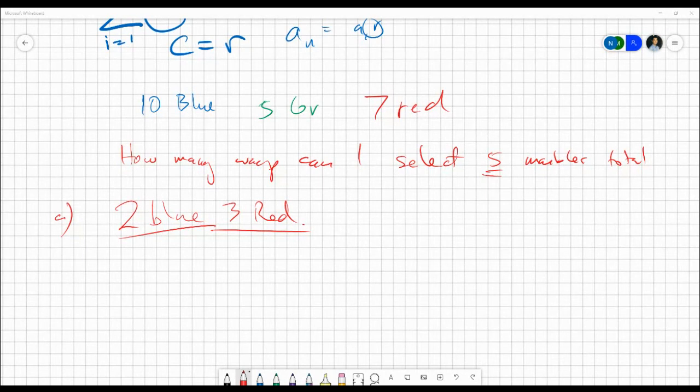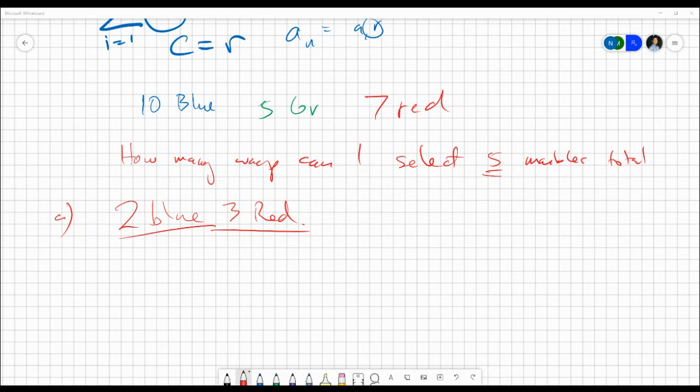So how do I make certain that I'm going to have 2 blue? I have to think about reaching into a bag and only having blue marbles in that bag. That will guarantee that I'm going to get 2 blue if I pick 2 marbles out. Okay, so only reaching into a bag that has blue marbles, I'm going to take out 2.